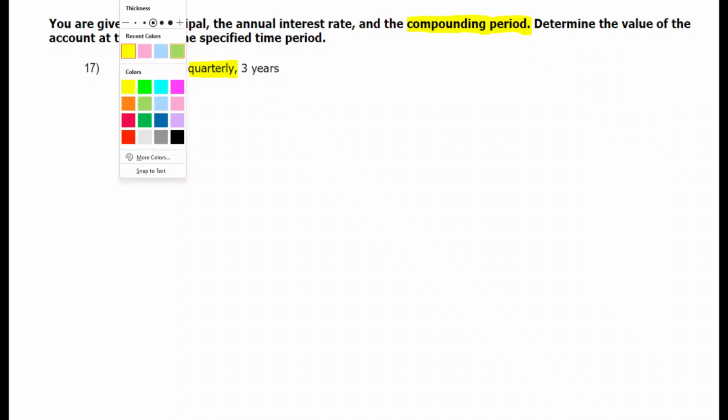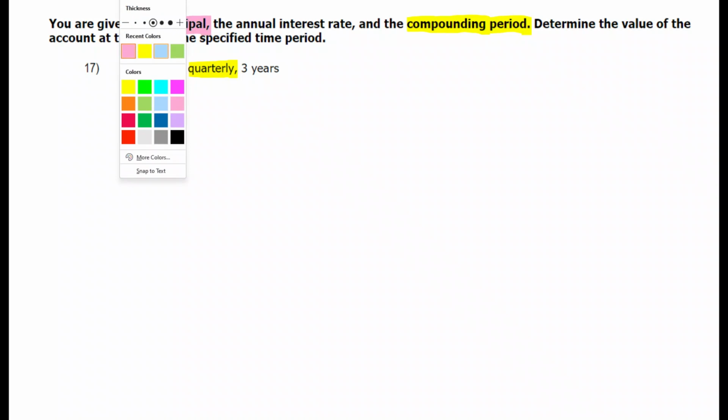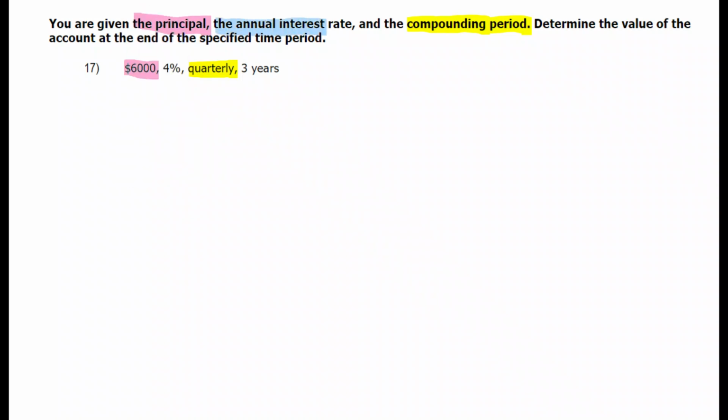So it says you are given the principal, that's the very first number, and then you are given the annual interest rate, that's your percentage, and then the compounding period, which is quarterly, and then it says determine the value of the account at the end of the specified time period, and that would be 3 years.